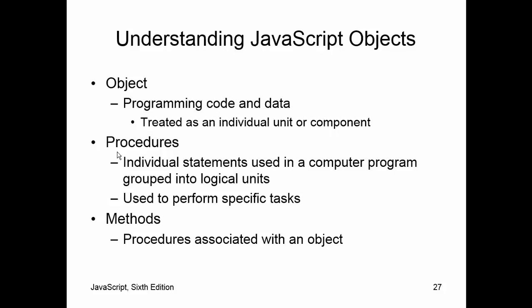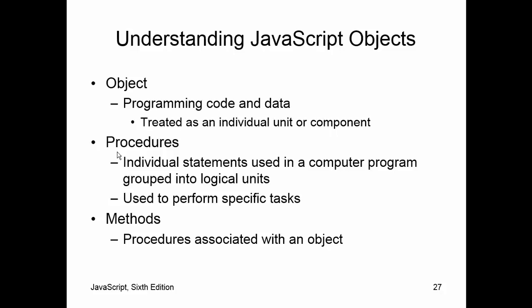Other languages, like C# and Java, not JavaScript, but Java, are object-oriented, which means you have to use objects in virtually everything you do. But there are a lot of predefined or pre-written JavaScript objects that you use in JavaScript.